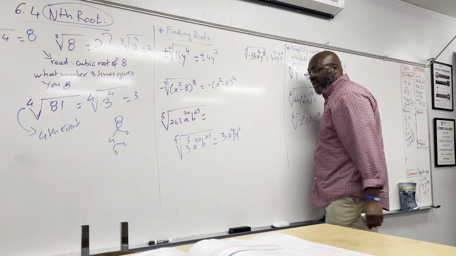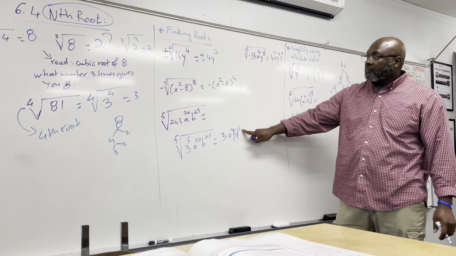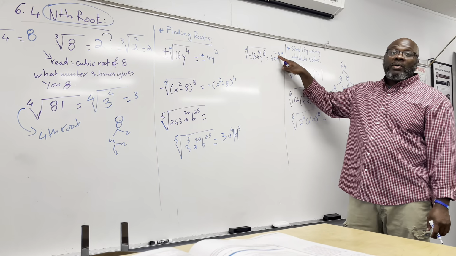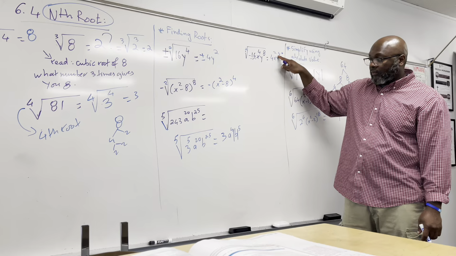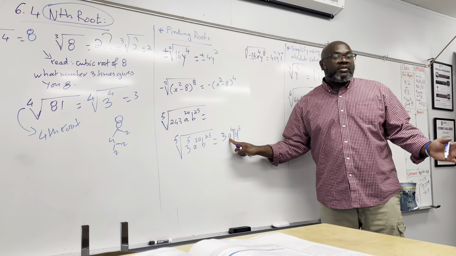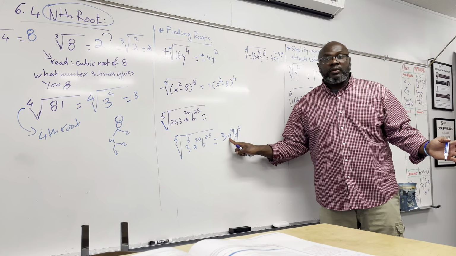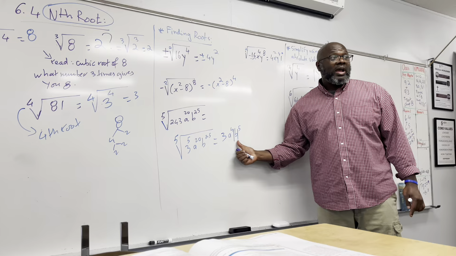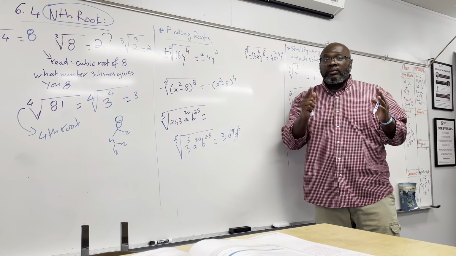I wouldn't do it for the rest because all the exponents are what? Even. Any number raised to the power of an even number is always going to be positive. But here, good observation, I have to put b to the 5 in absolute value.